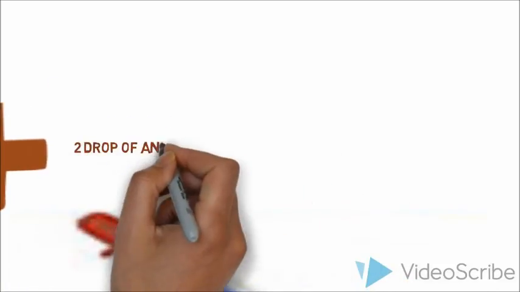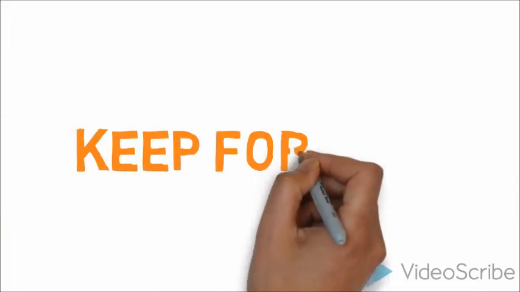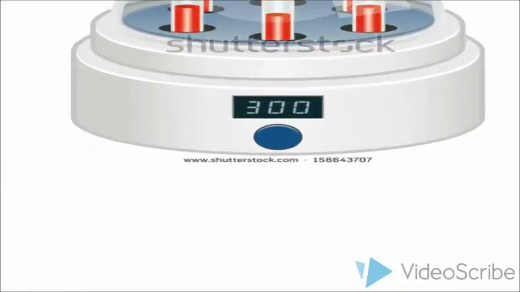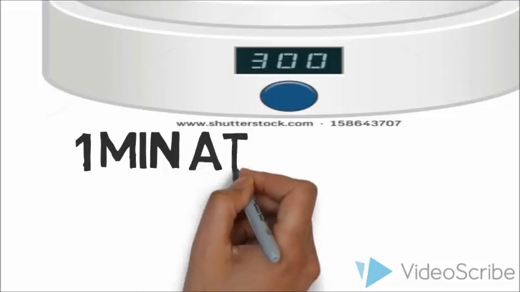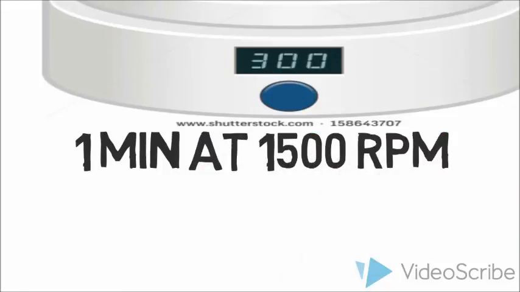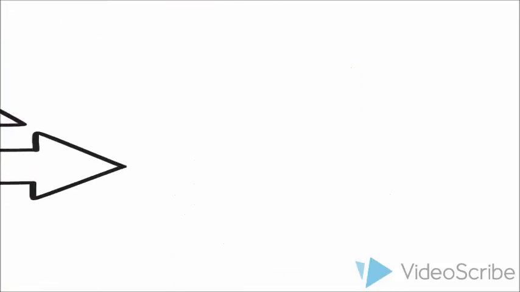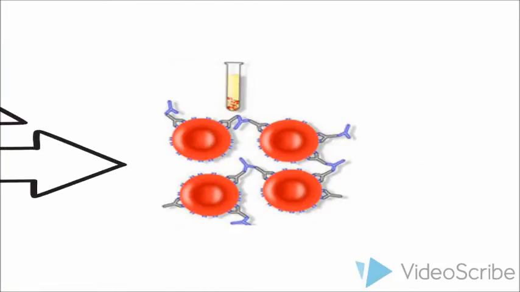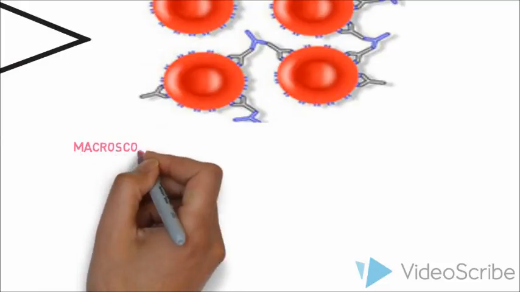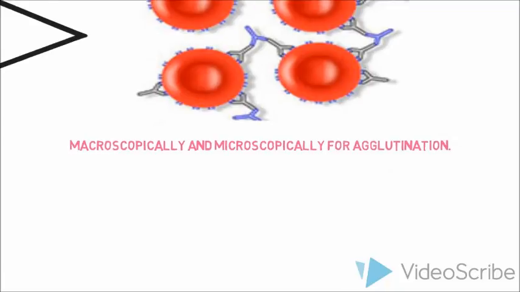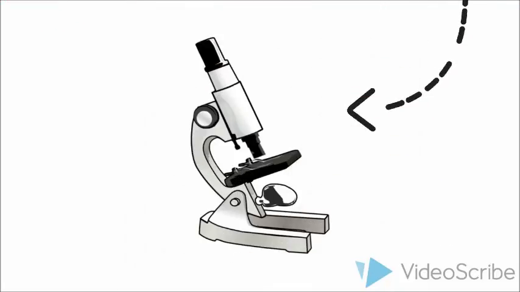Then we add 2 drops of Coombs reagent, keep for 5 minutes, and centrifuge at 1500 rpm for 1 minute. Then we resuspend the cells and examine the macroscopy as well as the microscopy. The positive test result is indicated when there is agglutination of the red blood cells.